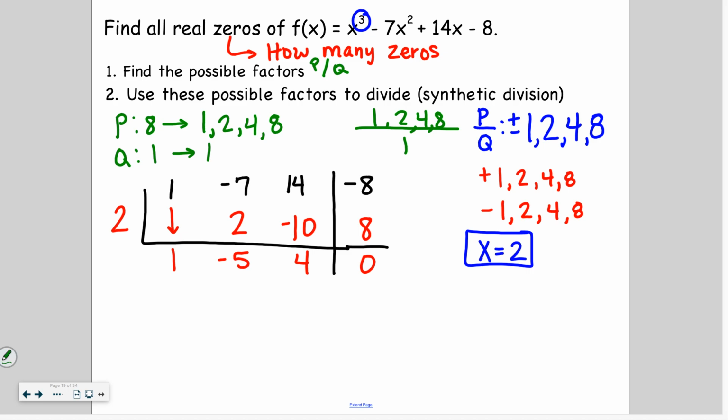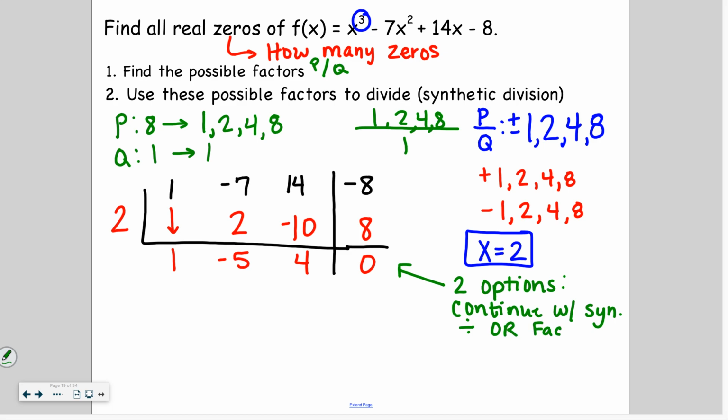So now I have two options. All right? I can continue to guess and check, so continue with the synthetic division, or factor if possible.